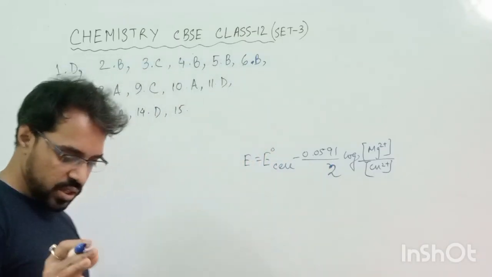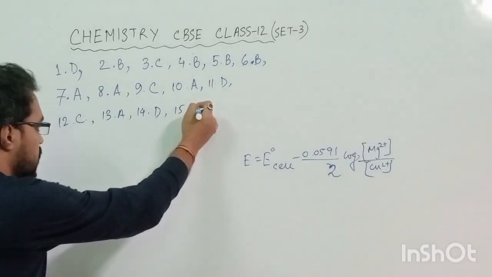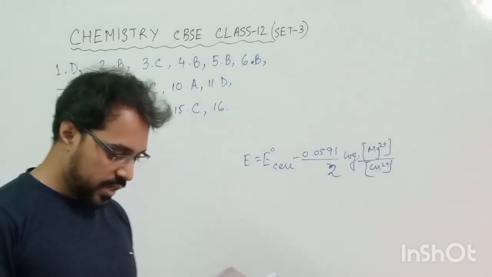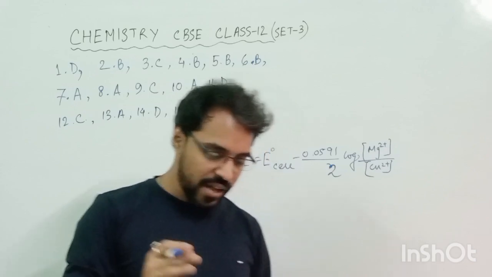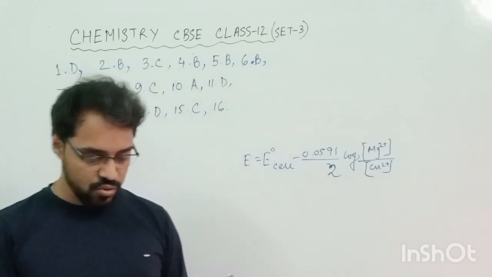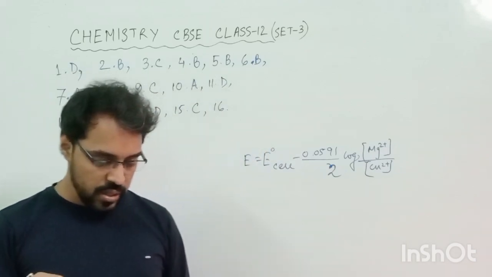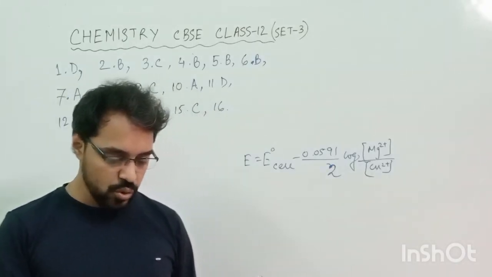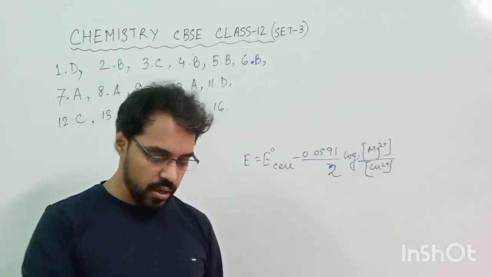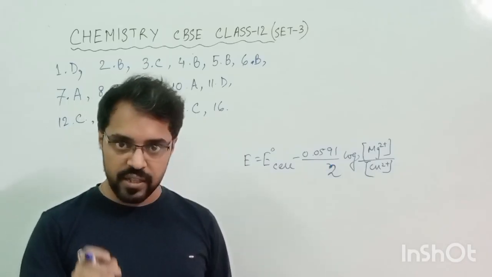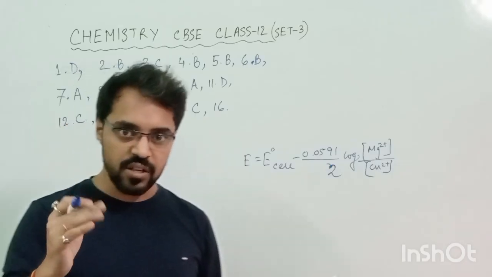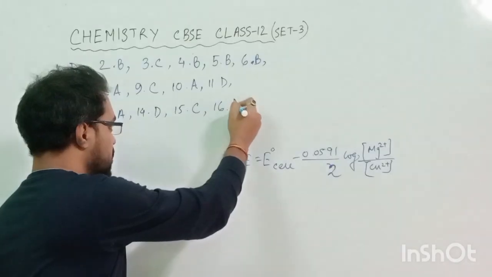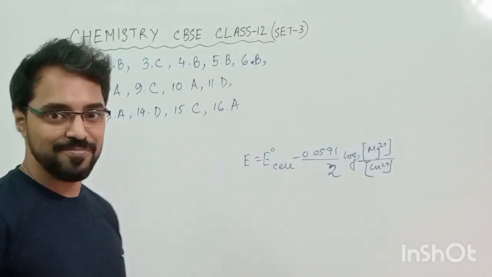So 15 is going to be C. And if we go to 16, that is the Mn2+ E° value is highly negative. Yes, that is true. And because Mn2+ is highly stable due to half-filled 3d5 configuration, that is perfectly aligned, assertion and the reason. So that is also true. So 16 is going to be A.